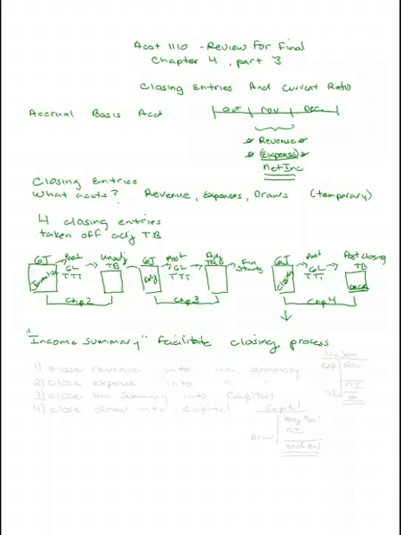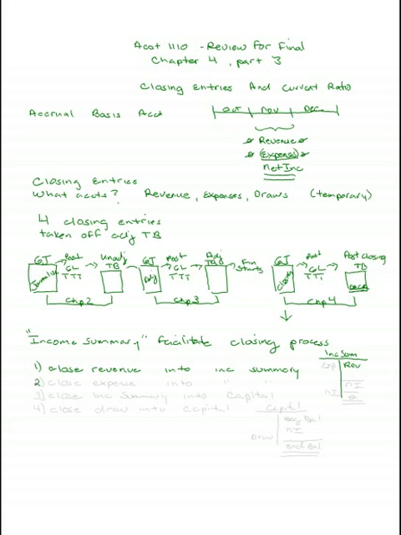So, are you ready to learn the 4 closing entries? The first one would be to close revenue into an account called Income Summary, which we just discussed. And after you make this entry, you now have an account that exists with a balance in it called Income Summary, and you've transferred revenue into it.